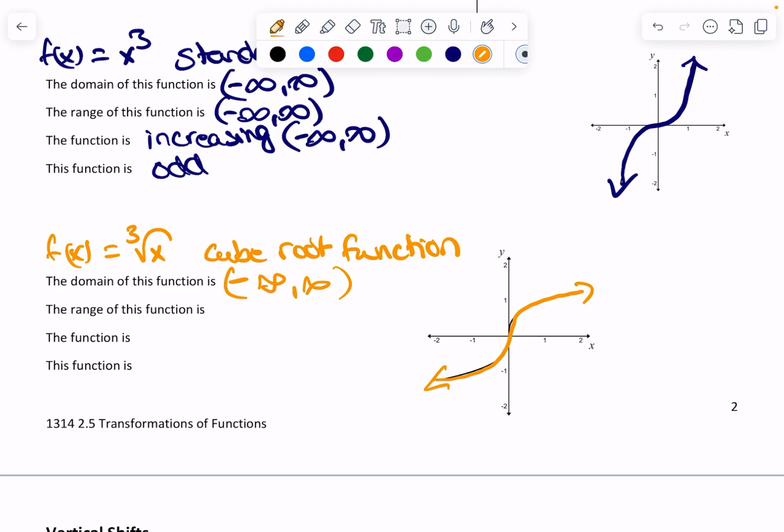The same thing with the range. And if we look at the increasing and decreasing part, it keeps increasing from left to right, so it increases from negative infinity to infinity. And this function is odd.